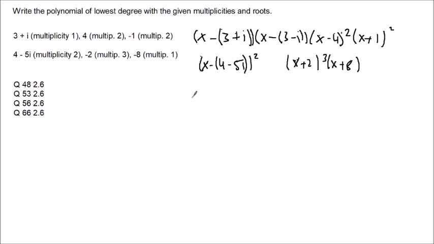So we'll expand this. We'll get x squared minus 8x. Minus 4 times minus 4 is plus 16, and then plus 5i squared is plus 25i squared, and 25i squared is minus 25, so minus 9.